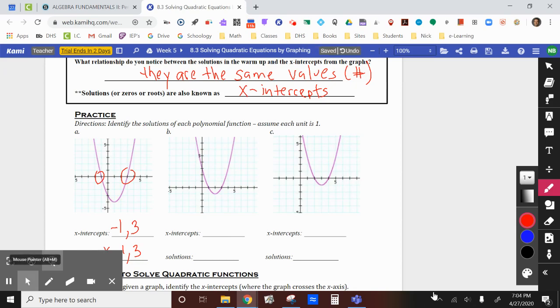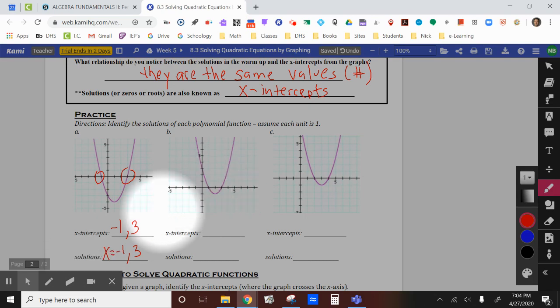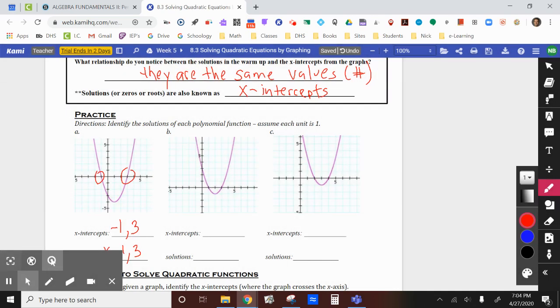All right, so my graph B here. Here's an x-intercept and there's an x-intercept. I can say that we have an x-intercept of 1 and an x-intercept of 1, 2, 3. So my x-intercepts are 1 and 3. Therefore, my solutions are 1 and 3, so x equals 1 and x equals 3.